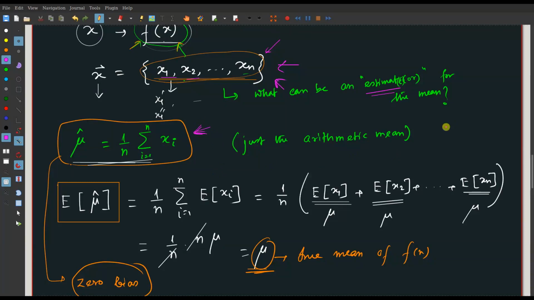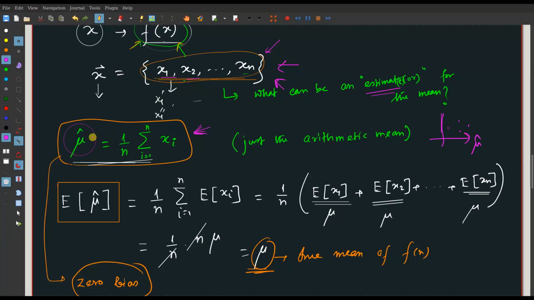If you plot this mu hat, you will get different values different times. And the frequency of getting each will be different. That's the sampling distribution. So now this person is asking, how narrow is the sampling distribution, or how can I get the error in this?